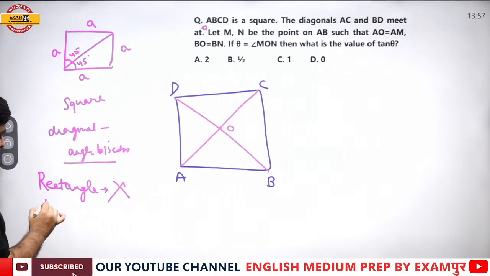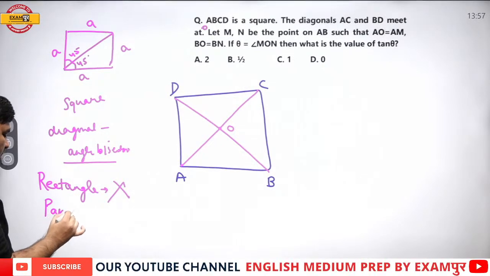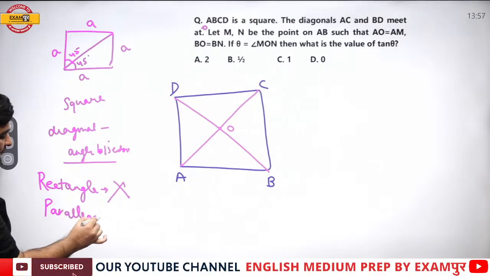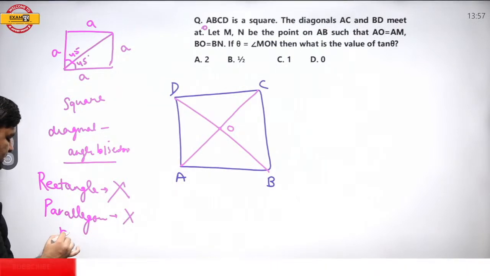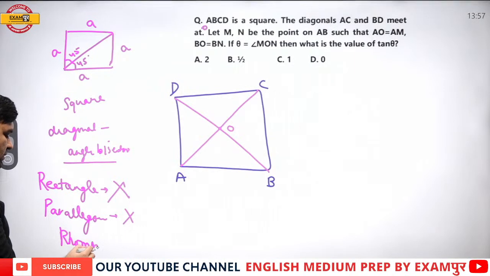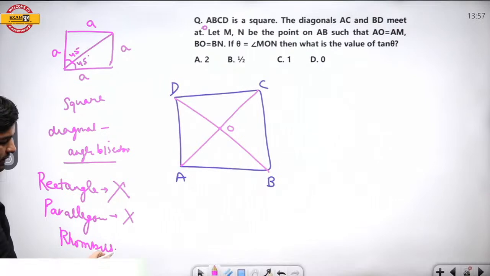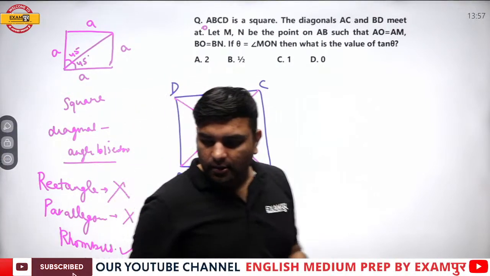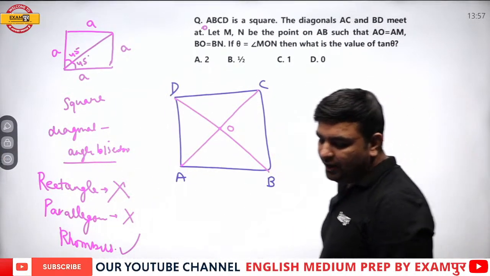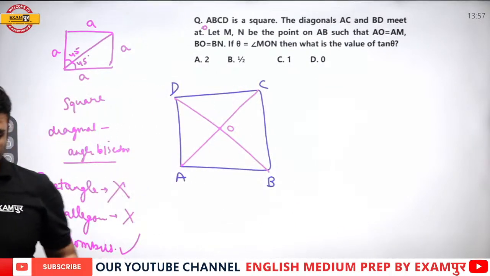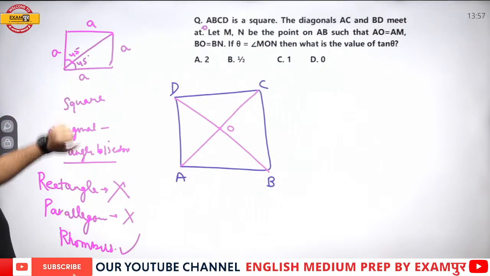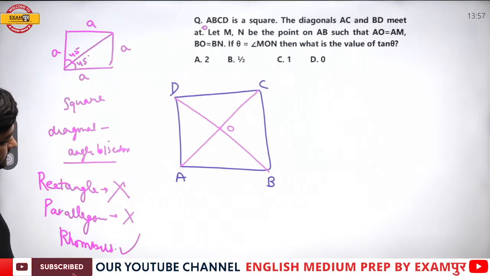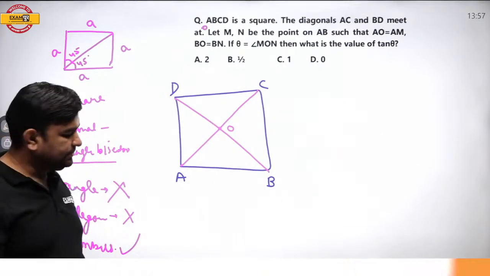In case of a parallelogram, no. In case of a rhombus, yes. So the diagonal would be an angle bisector when these two adjacent sides are equal.